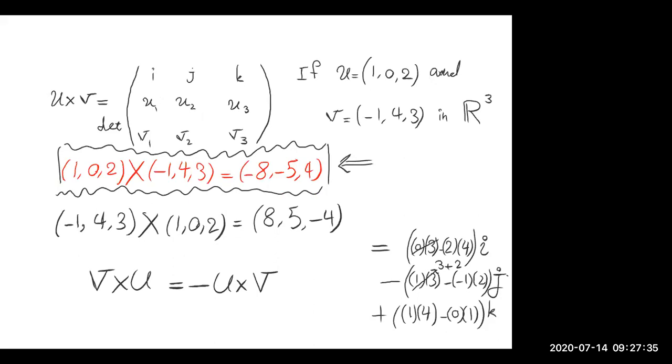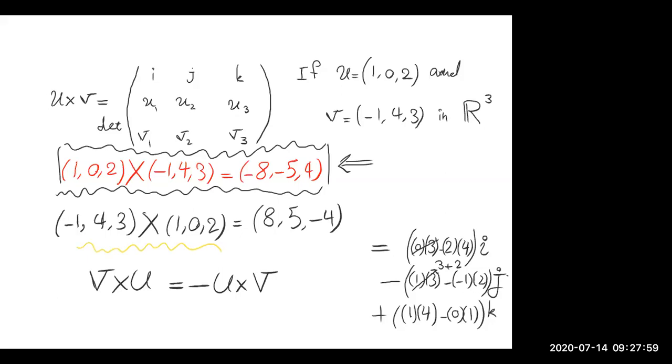But the point I'm referring to is that if I know this thing is correct now, if I computed this thing, now if they ask me what would be the second cross product, which, look, they are the same vectors, -1, 4, 3, and 1, 0, 2. Same vectors as I had before, but in the other order, right?